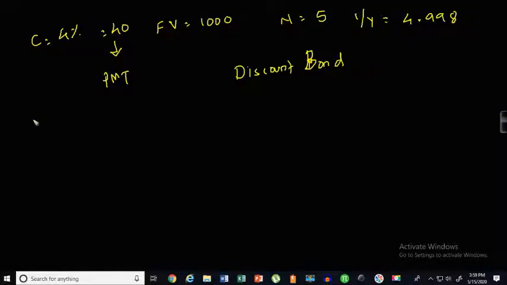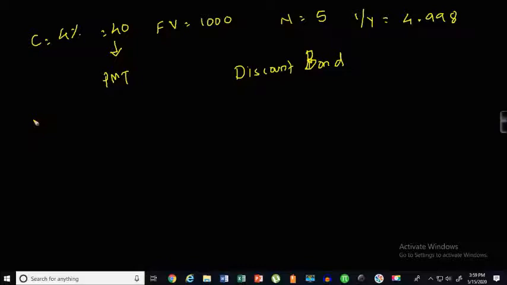Now let's value this bond together. First do second, clear TVM. Then put 1000 as FV, which is future value. Press 5, then press N, then press 40 as payment, 4.998 as IY, and then compute PV.